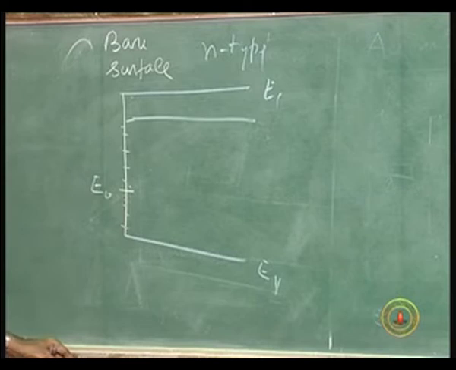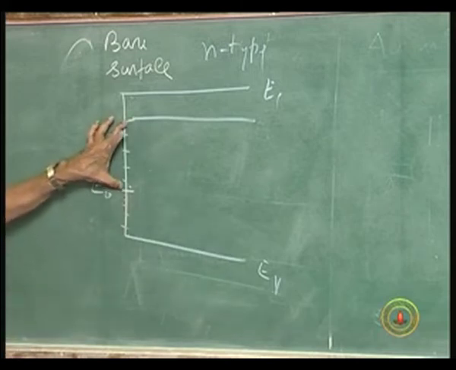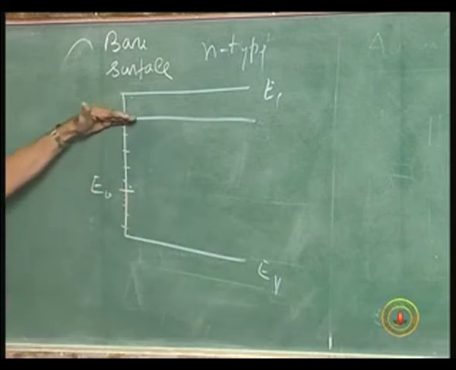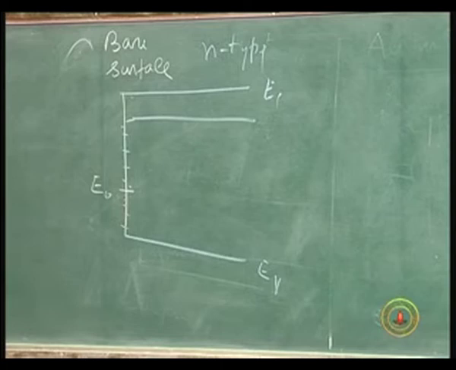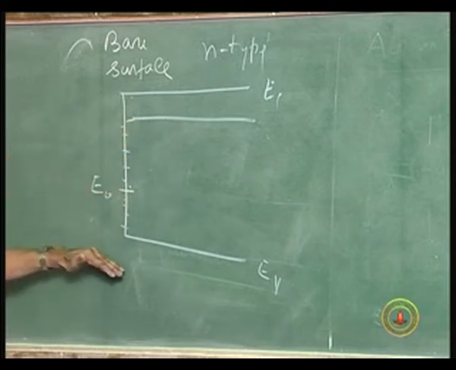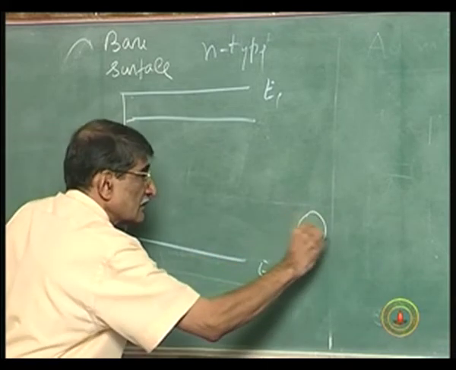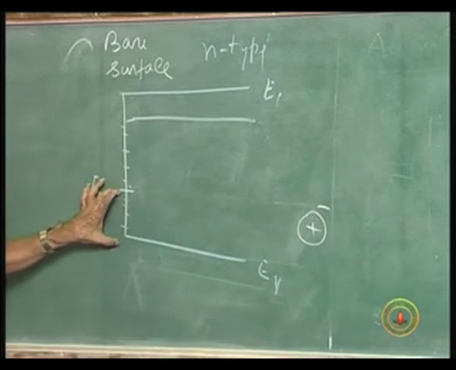Okay, what will happen now? This is n type. What is the charge on the surface? The Fermi level is above the neutral level. All the levels below the Fermi level are occupied. What is the charge state of this? Donors are occupied, neutral.